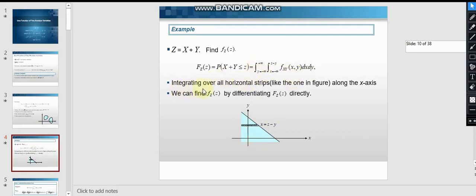Integrating over all horizontal strips like the one in the figure along the x-axis, and then by differentiating this CDF, cumulative distribution function of Z, we will get the PDF of the new random variable Z. So in the next step we will differentiate this expression.